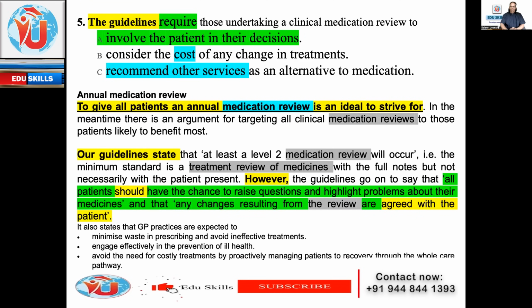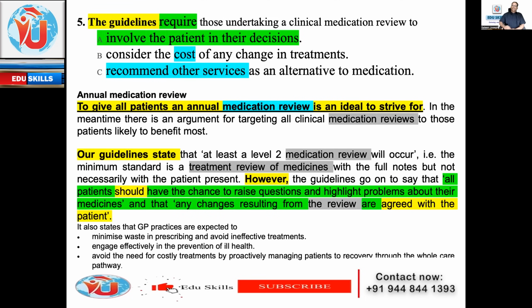That is the minimum standard: a treatment review of medicines with the full notes, but not necessarily with the patient present. However, the guidelines go on to say that all patients should have the chance to raise questions and highlight problems about their medicine, and that any changes resulting from the review are agreed with the patient.